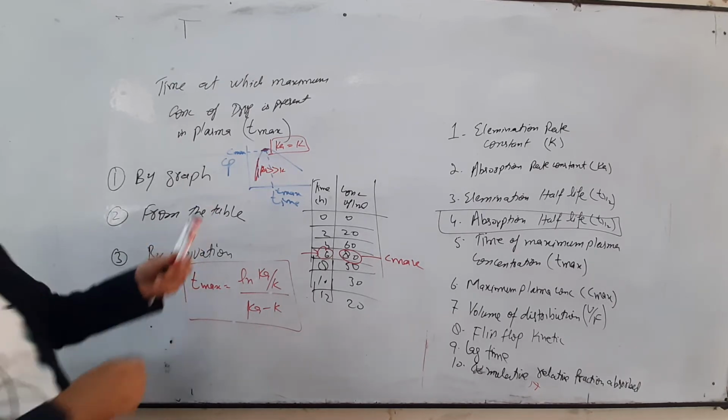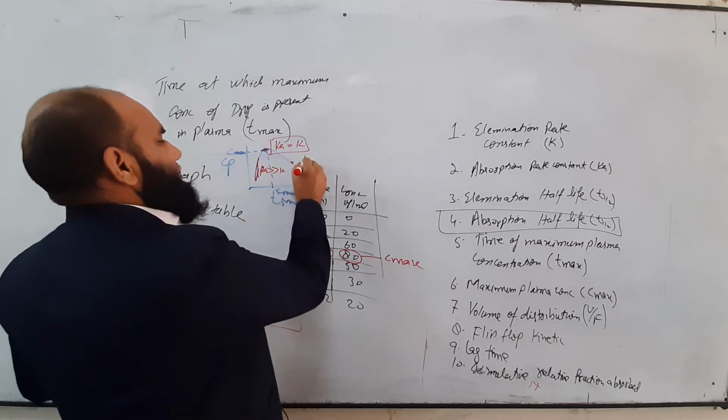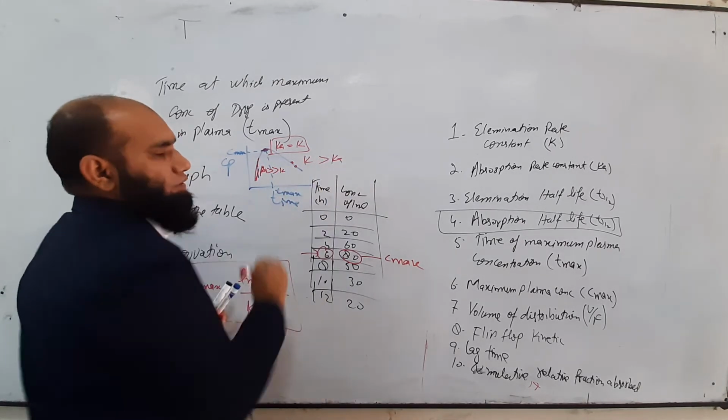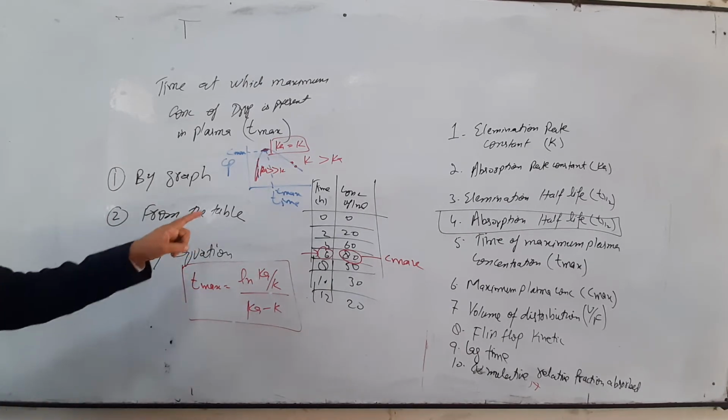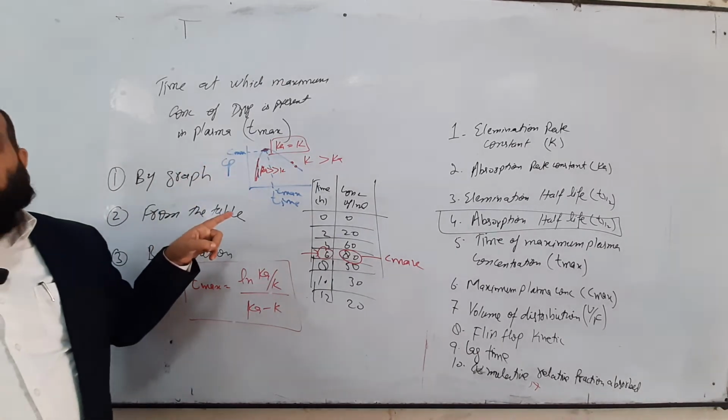And once again, what will happen next? Here K will be greater than Ka. If our focus is to calculate the Tmax, where do we have to start?